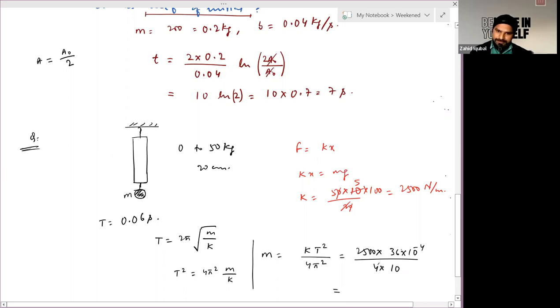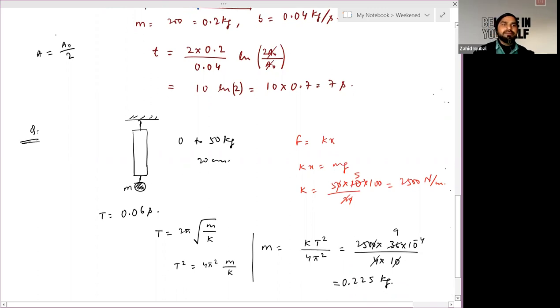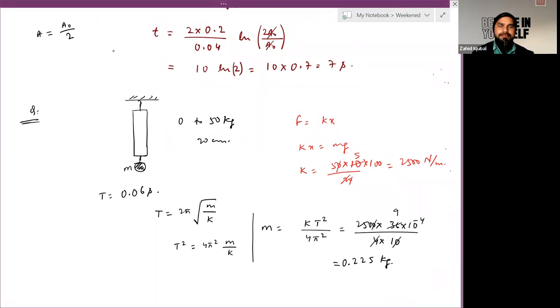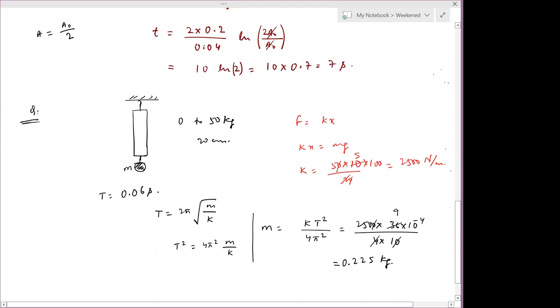So 4 into 9 times, the zeros will cancel out. 25 into 9, it will be 225. And we have 10 and 30, so it will be the answer in kg. If you have to calculate the weight of this particular block, just multiply it by gravity, you'll get the weight of this particular object. Mamuna, is it clear? Yes.